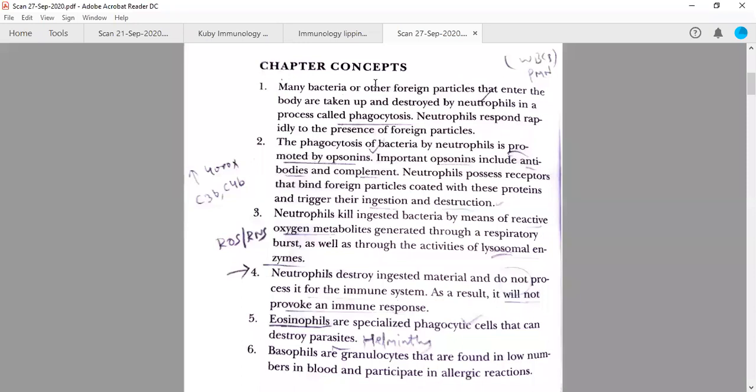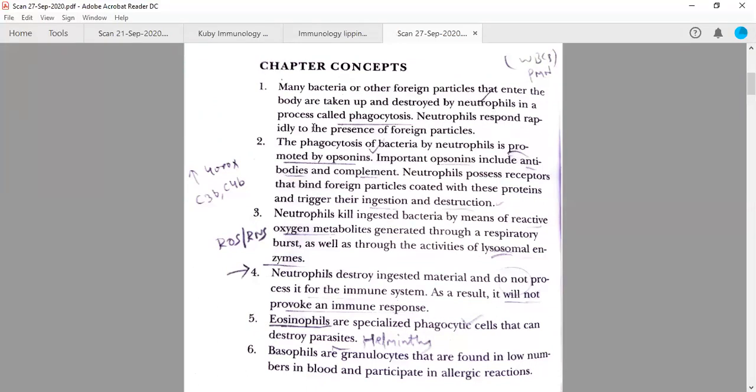Now, many bacteria and other foreign particles that enter the body are taken up and destroyed by neutrophils in a process known as phagocytosis, which is also a common process utilized by macrophages, right? We discussed phagocytosis in our last class, so we will not go into the details, but these neutrophils perform this phagocytosis.